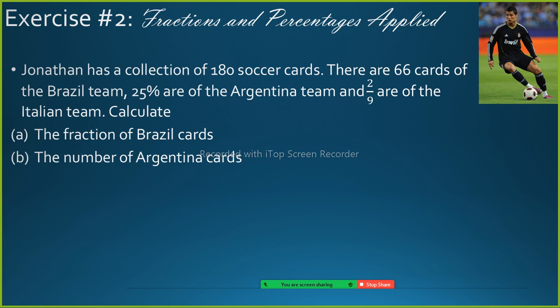So how are we going to figure out what fraction represents the Brazil team, and how many cards are from Argentina? We're going to follow the same principles that we did for the last two questions, and hopefully you remember them.